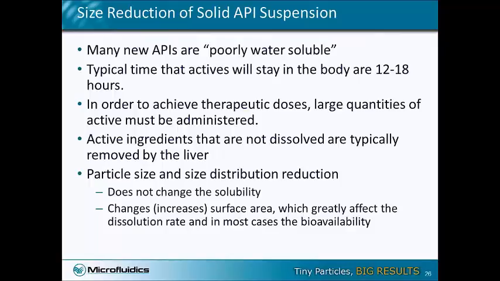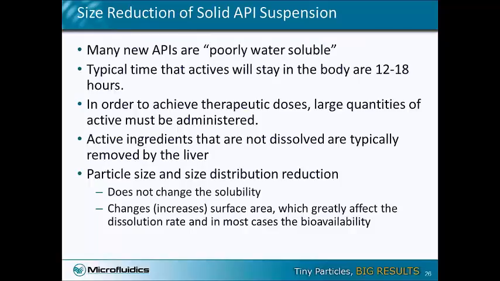Because those drugs stay in the body for a short period of time, to achieve the desired therapeutic results you usually have to administer a large amount of the drug, which is really bad because a lot of the APIs are toxic. Anything that will not dissolve in the body will have to be removed by the liver.